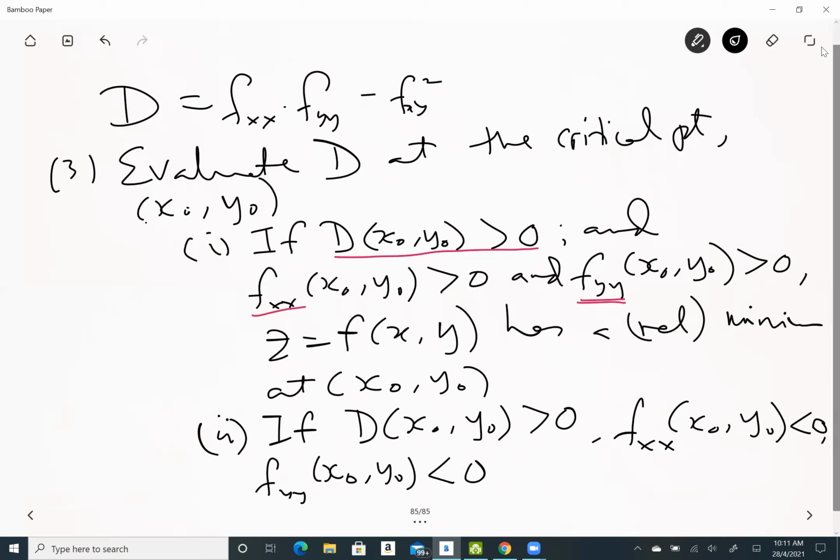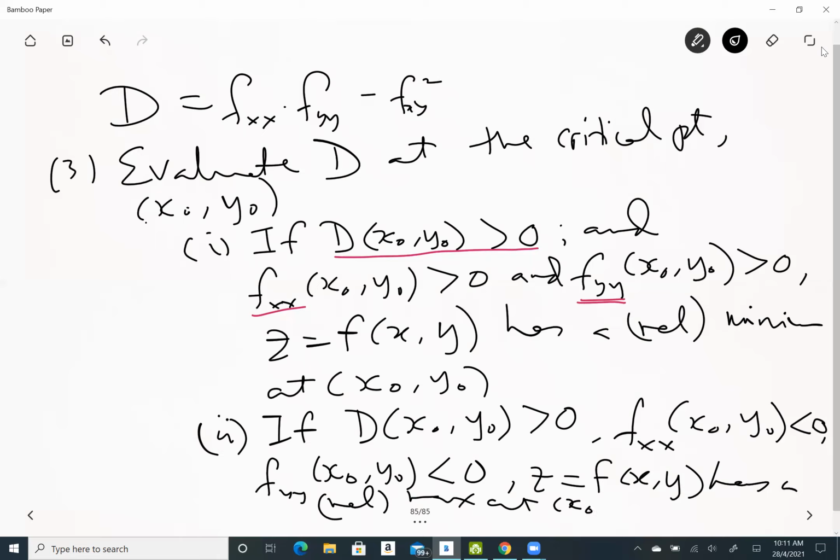So you have what? Negative. So that means the function has a relative maximum at x0, y0.